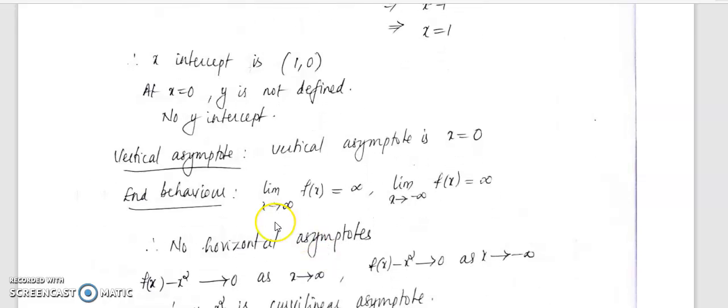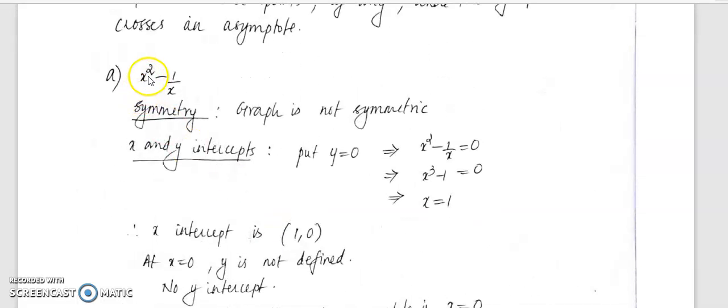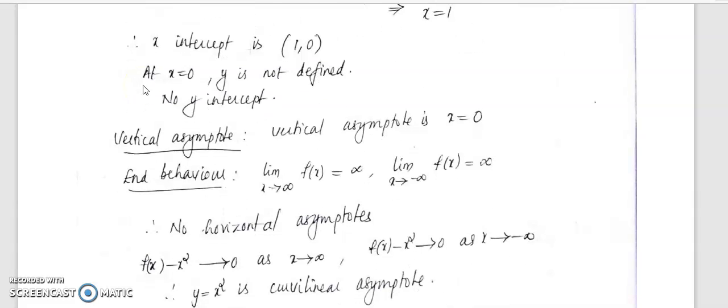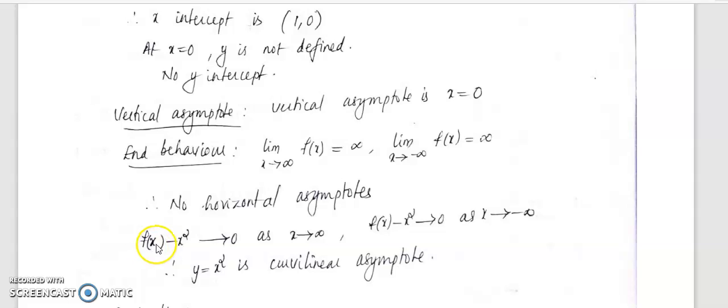Now if you look at f of x minus x square, it is equal to minus 1 by x. As x tends to infinity, f of x minus x square approaches 0, because f of x minus x square is minus 1 by x, and as x tends to infinity, minus 1 by x goes to 0.